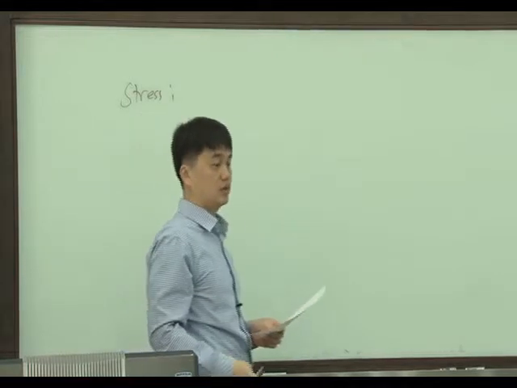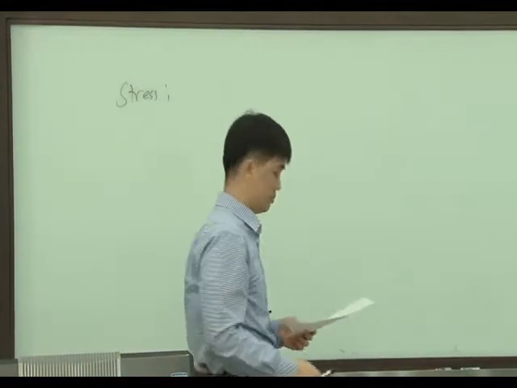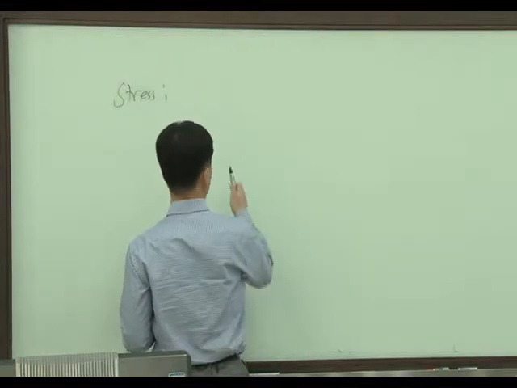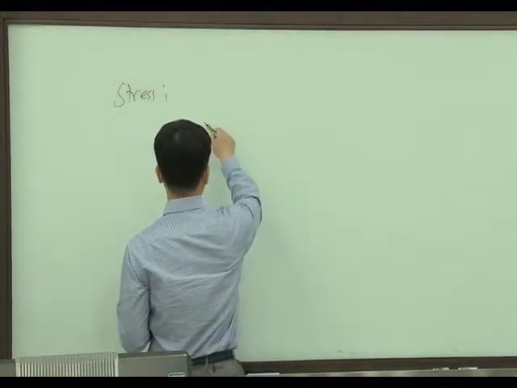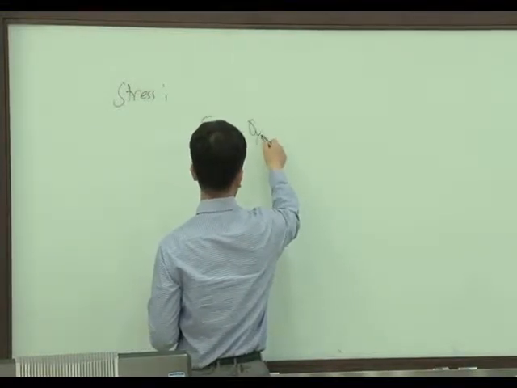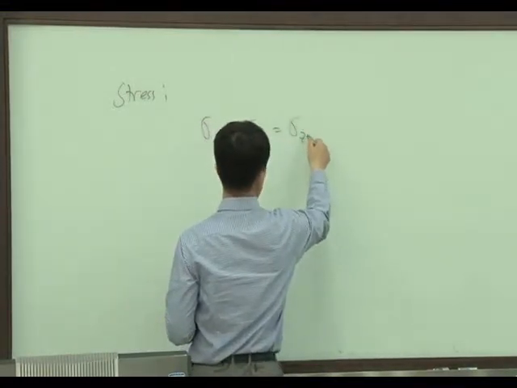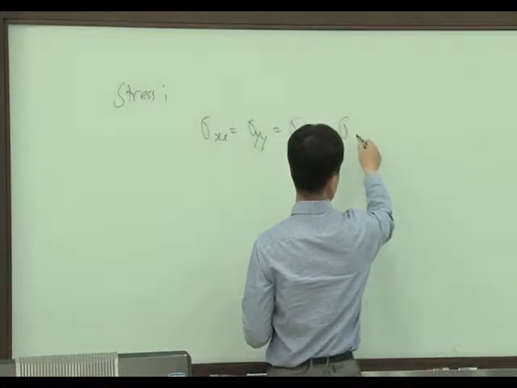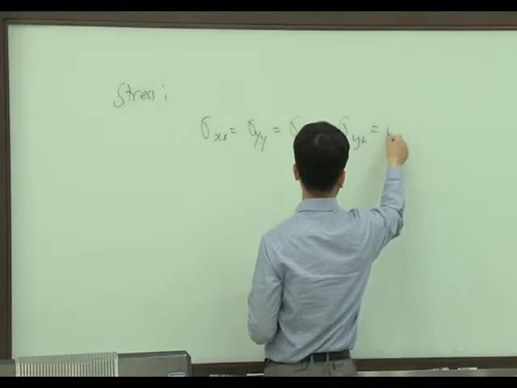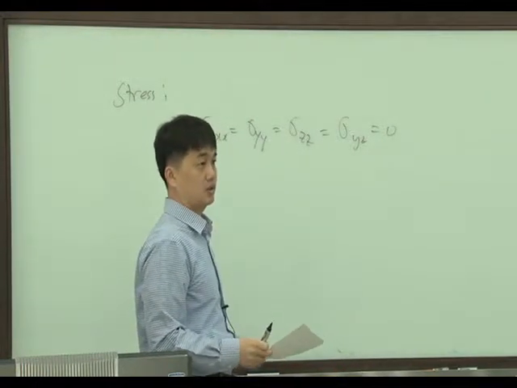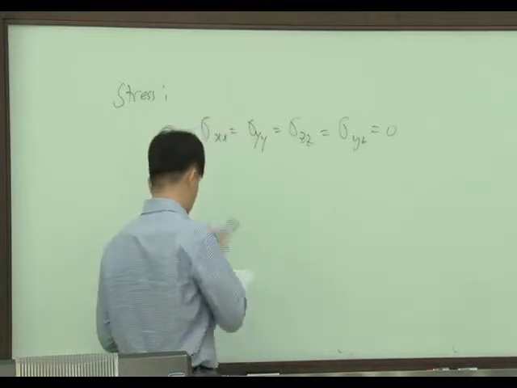How? We need to apply the material law. If you apply the material law, we can identify that stress xx, yy, zz, and yz are 0, because the strains of the corresponding stresses are 0.